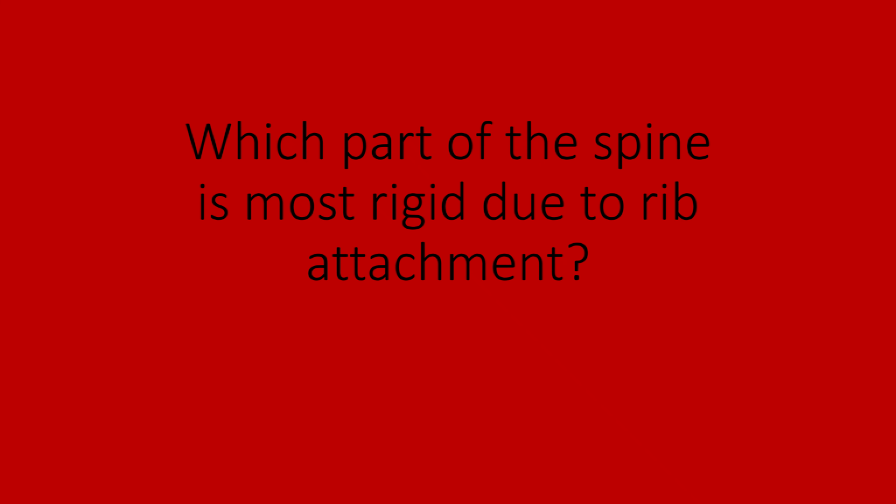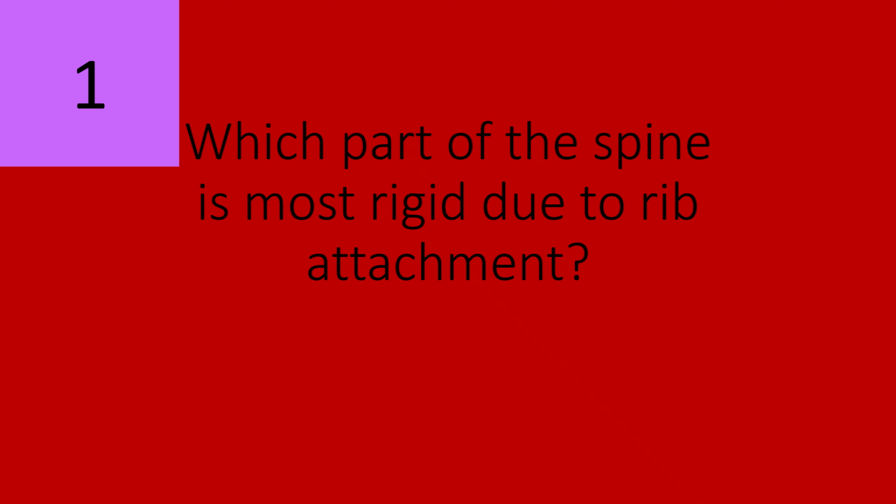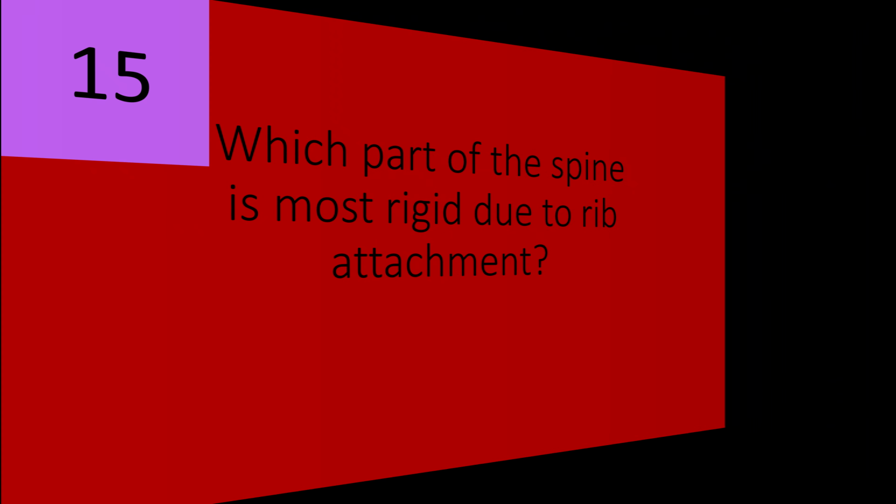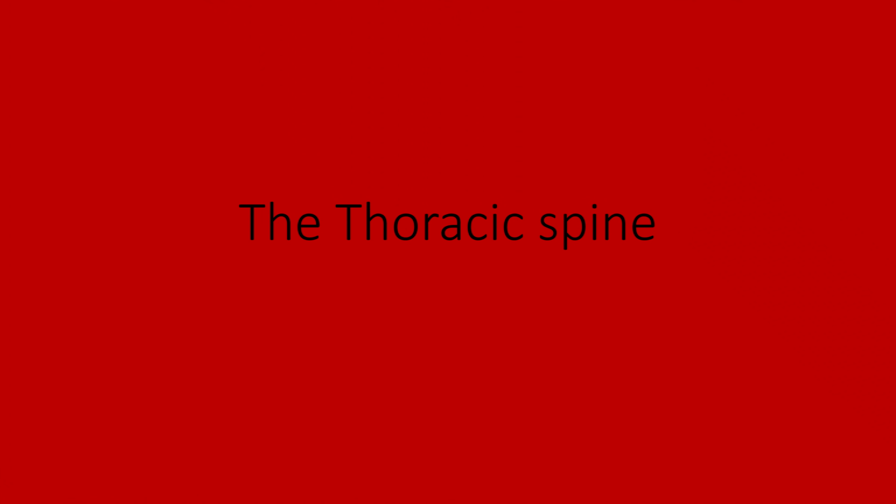Which part of the spine is most rigid due to rib attachment? The thoracic spine.